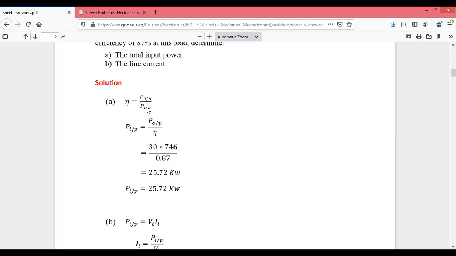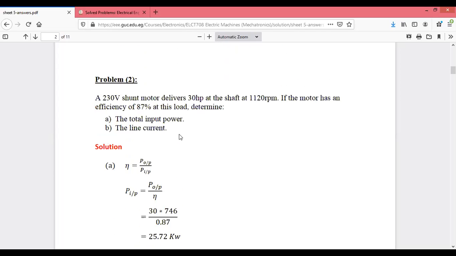We have the equation eta equal to output power upon input power. You can convert that equation into the form of input power: P output upon eta. They have given 87%; if you are writing it here, there is no need for the percent sign. So 87 by 100, you can write as 0.87.